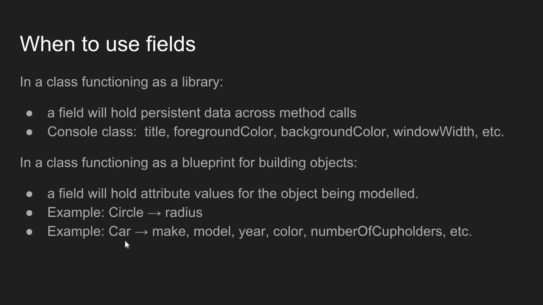If we were building a class that would model a car, we could have several field variables. We could have a field variable that would hold the make of the car, the model of the car, year, color, number of cup holders, etc. So in a non-static class, fields will hold the data, the attribute values for the object.